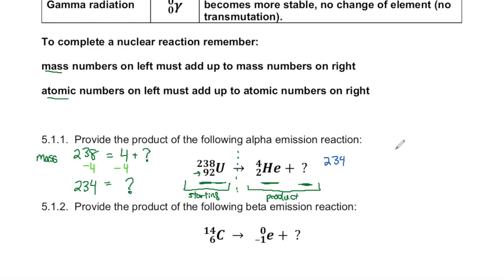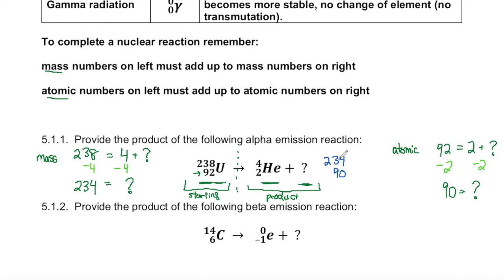So we have 92 on the left-hand side of the arrow, and we have 2 and a question mark on the right side of the arrow. We'll do the same thing, subtracting 2 from both sides of the equation, and we get that our question mark equals 90. And we put that there, we can check it. We have 2 and 90 on the right side, 92 on the left side, so those are equivalent.